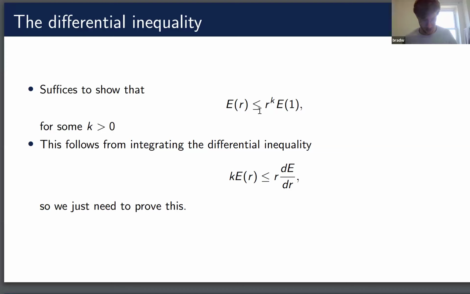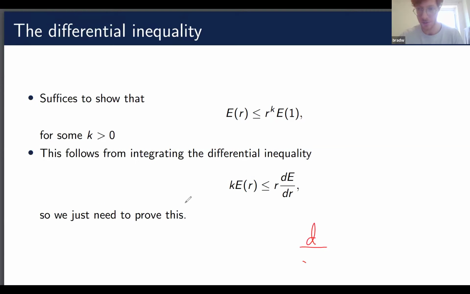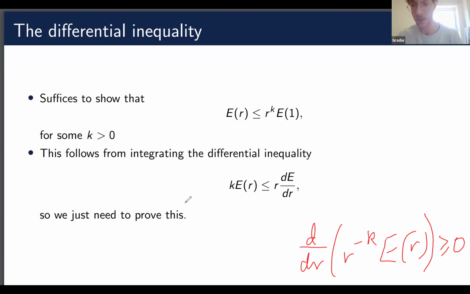You can rewrite the bottom as, say, d/dr of r to the minus k times E of r being greater than or equal to 0. This is easy to check. And then you just integrate this.